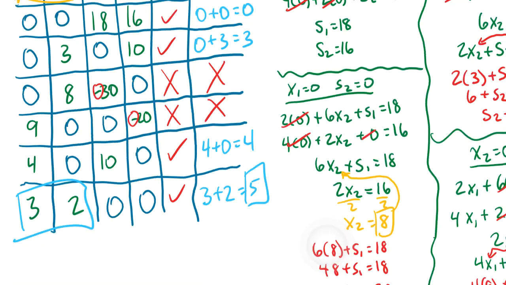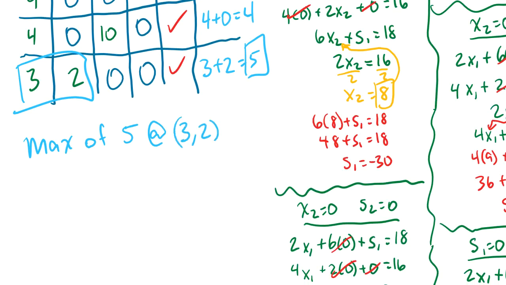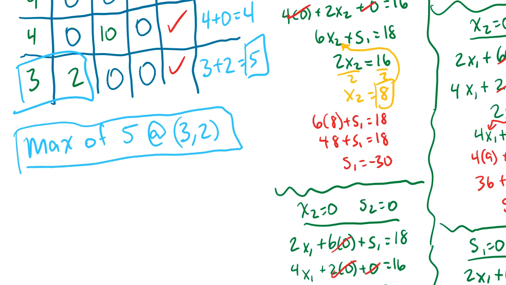It came from 3 and 2. So if we're writing our final answer, we have that there's a max of 5 at 3, 2. And that's it.